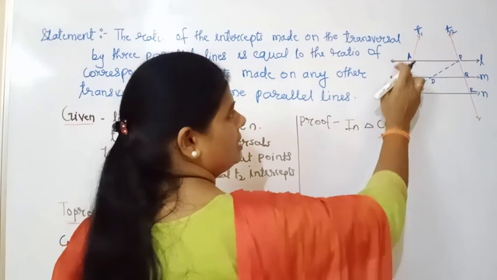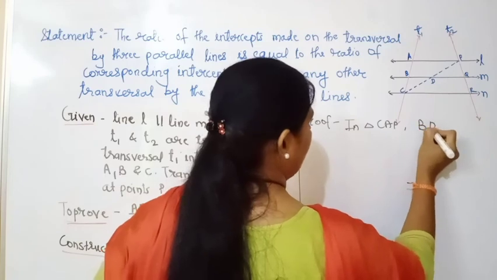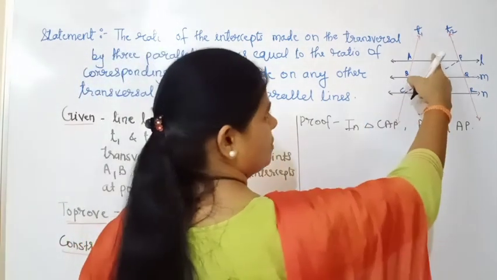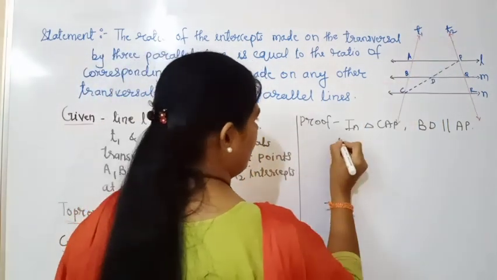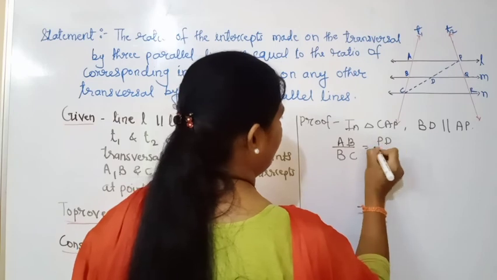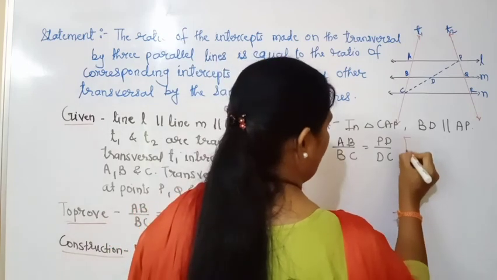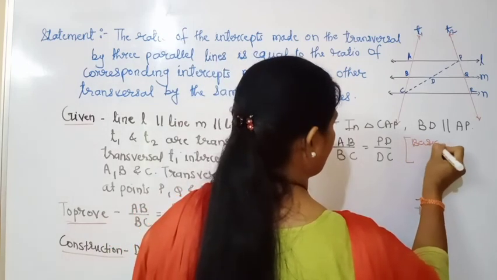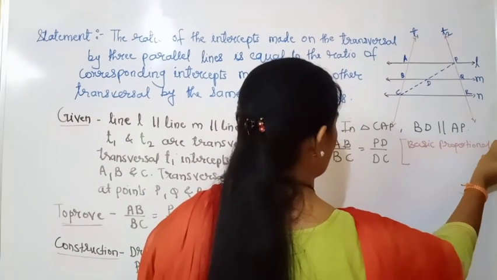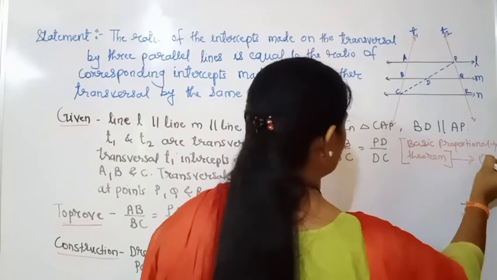Now in this triangle CAP, what we are able to see is that BD is parallel to AP, and due to this we can write the ratio, that is AB upon BC is equal to PD upon DC, and in brackets we will write the reason, that is the basic proportionality theorem. We will give this the number 1.